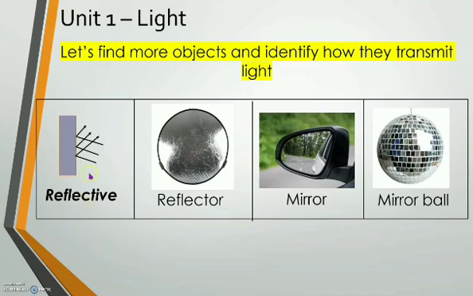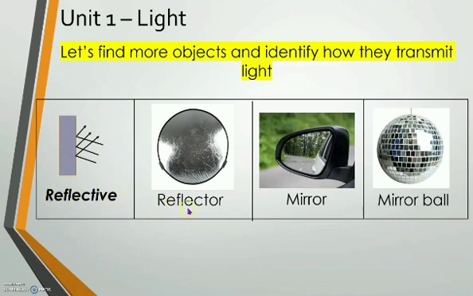So reflective material is when the light hits the material and the light bounces off. The light does not go through or transmit through the material. It bounces. That's why it's called reflective material.